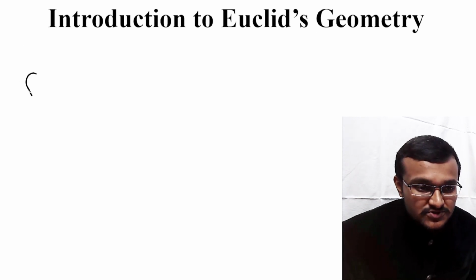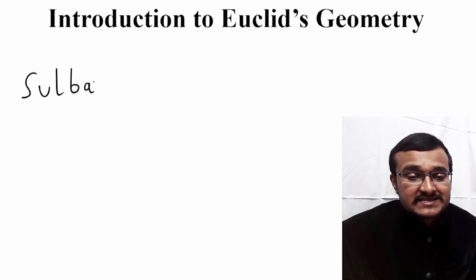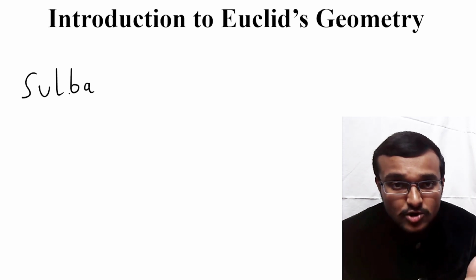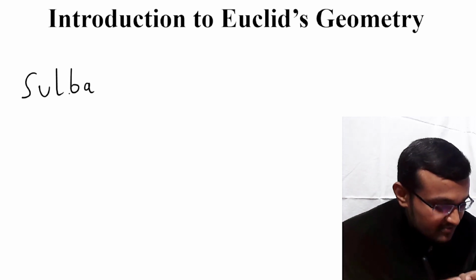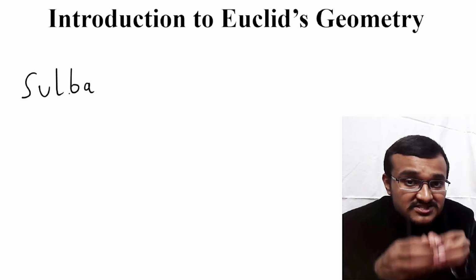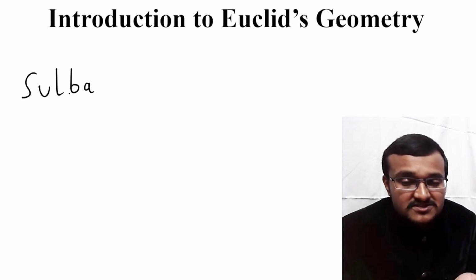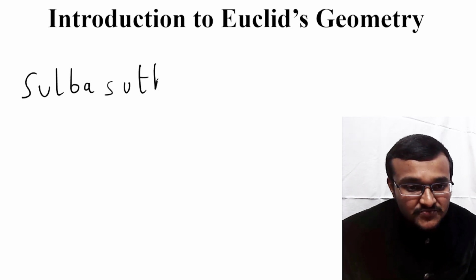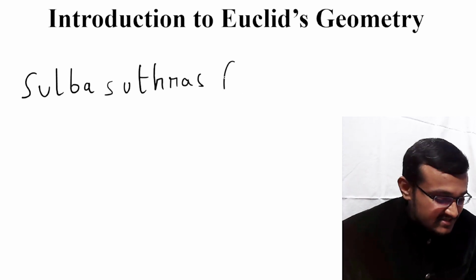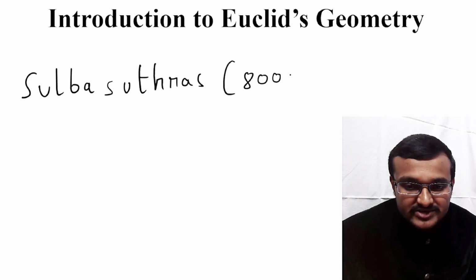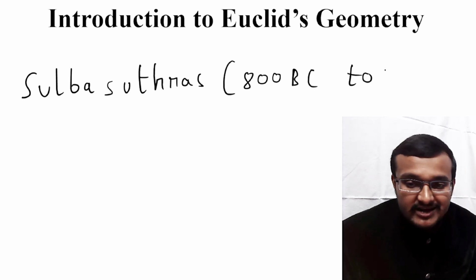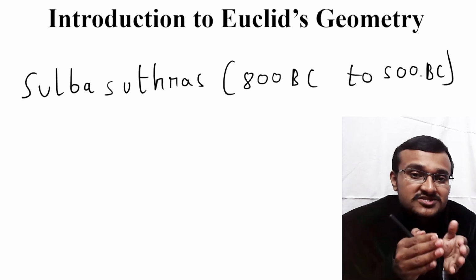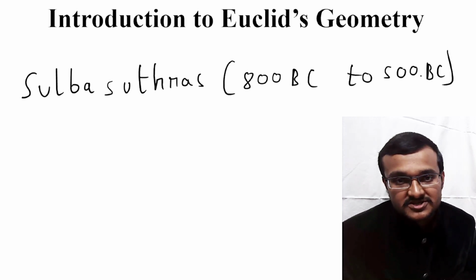Those Sulabha Sutras were used to exactly calculate the surface and volume of certain objects. Using these Sulabha Sutras, various geometrical constructions were done. The Sulabha Sutras existed around 800 BC to 500 BC, and were used to carry out geometrical constructions.